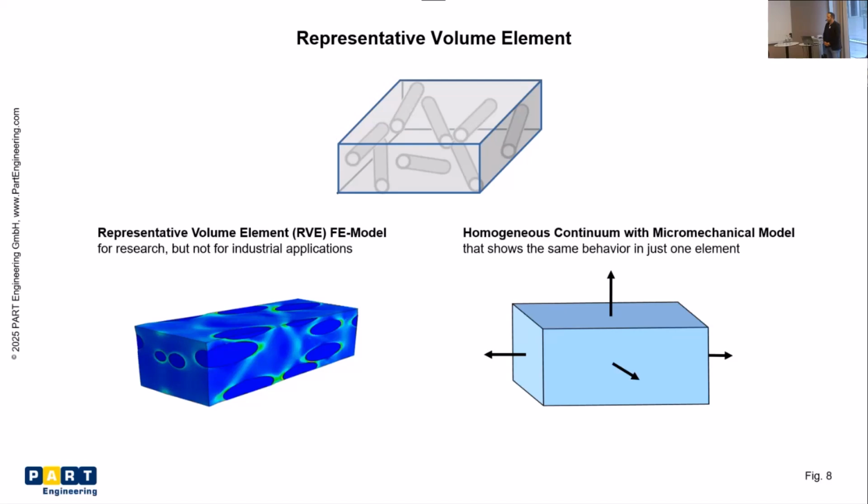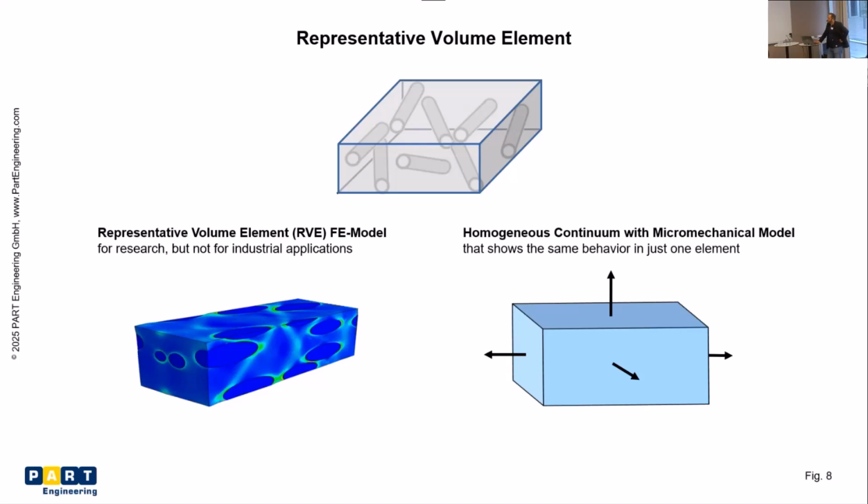That would be a huge mesh, and way too many DOFs to solve. So instead, you can do the exact same thing by combining both, and then you have a homogenized material model that reacts actually the same as this fully meshed example, but is only one element.